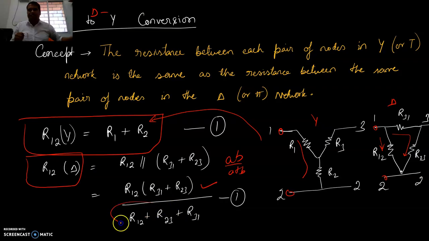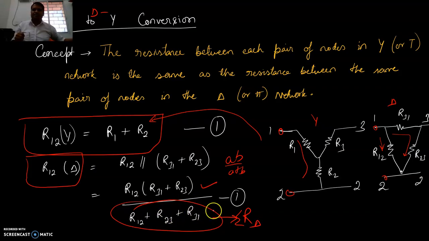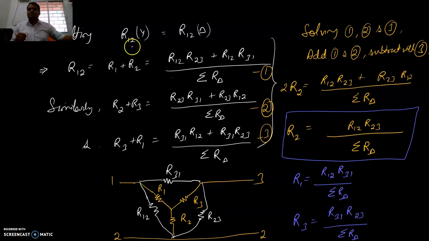Another notation we use is R of delta, because this adds all the resistances of the delta side, so that we can easily write these terms. If we add these two, we can say these are equal.